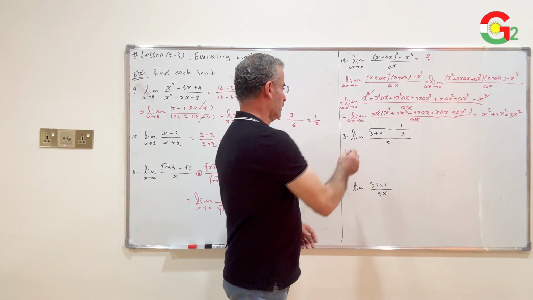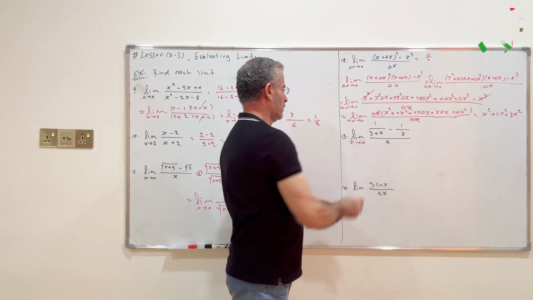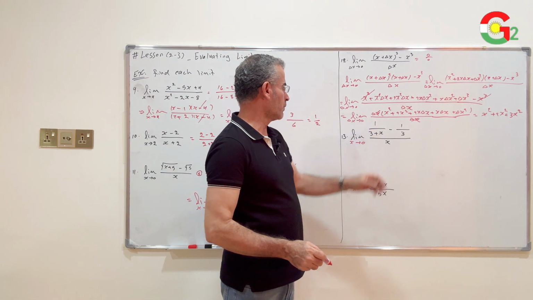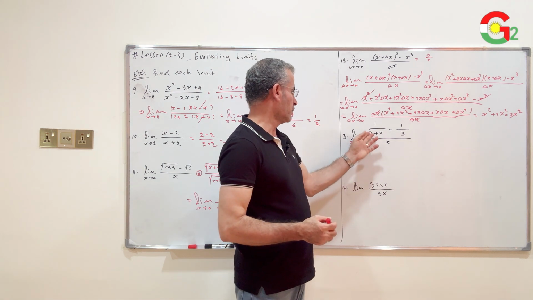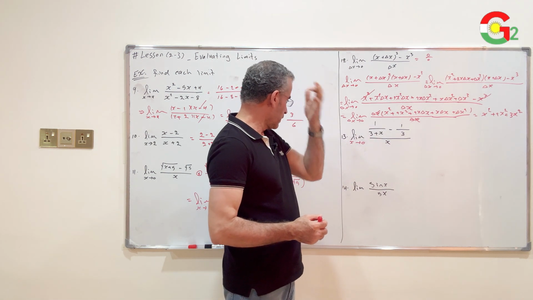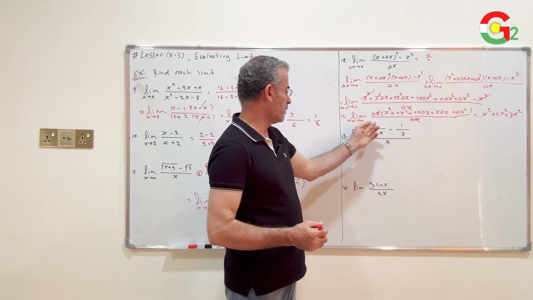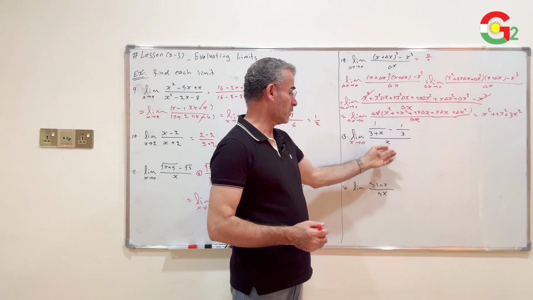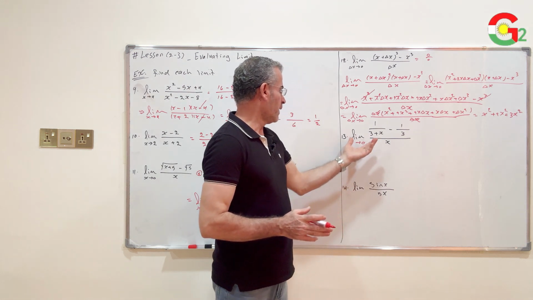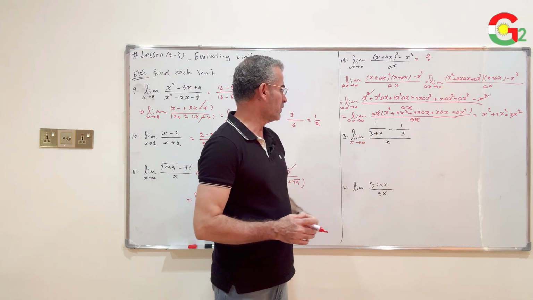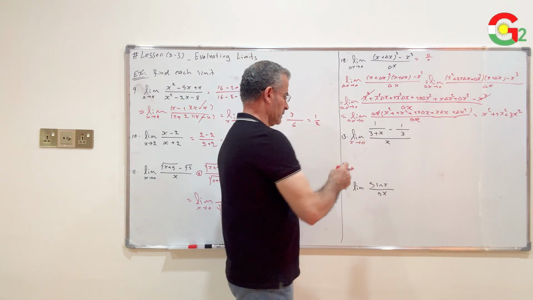Question number 13. Find the limit when x approaches 0 for (1 over 3 plus x minus 1 over 3) over x. If we substitute every x with 0 directly, then the answer will be 1 over 3 minus 1 over 3, which is 0 over 0. But we can find this kind of limit by uniting the fractions.